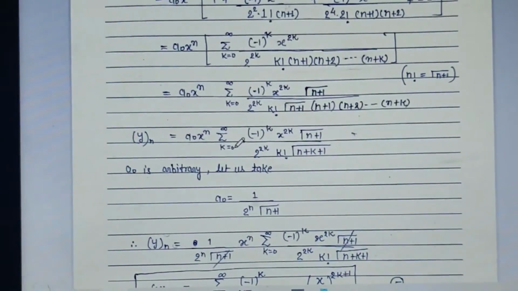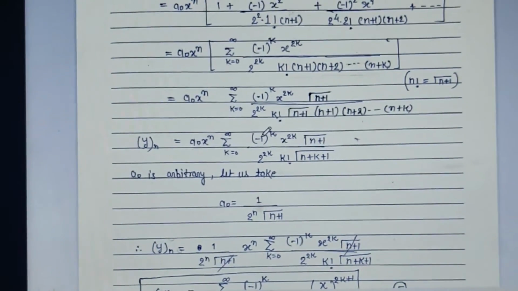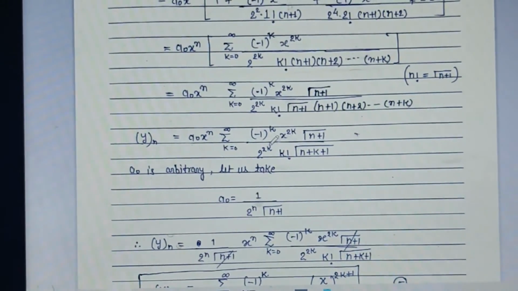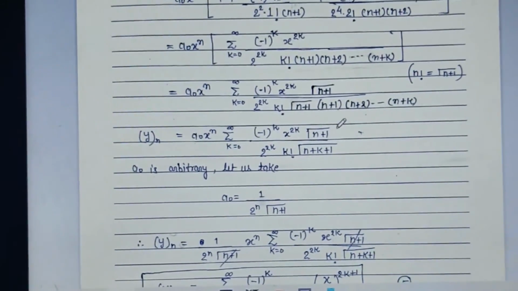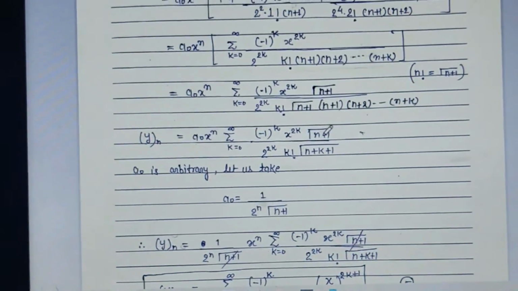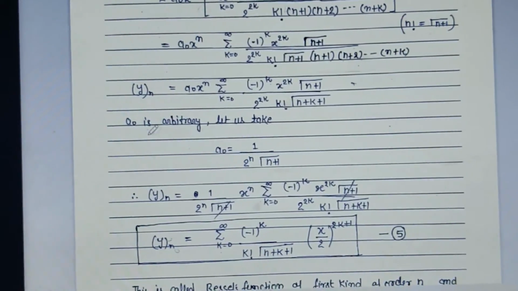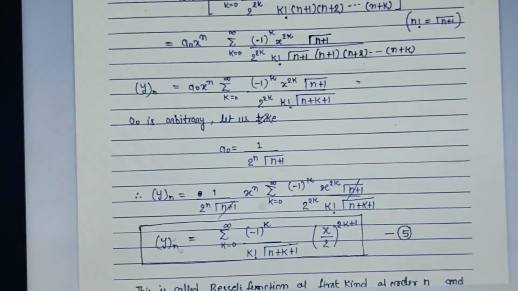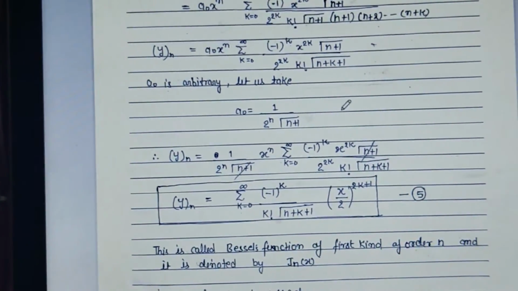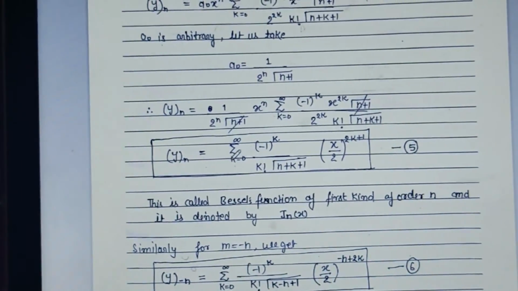So y_n is equal to a0 x^n times the summation of k = 0 to infinity of (-1)^k x^(2k) gamma of n plus 1 divided by 2^(2k) k! gamma of n plus k plus 1. So now a0 is arbitrary. Let's take a0 equal to 1 divided by 2^n gamma of n plus 1. So what does y_n come out to be?